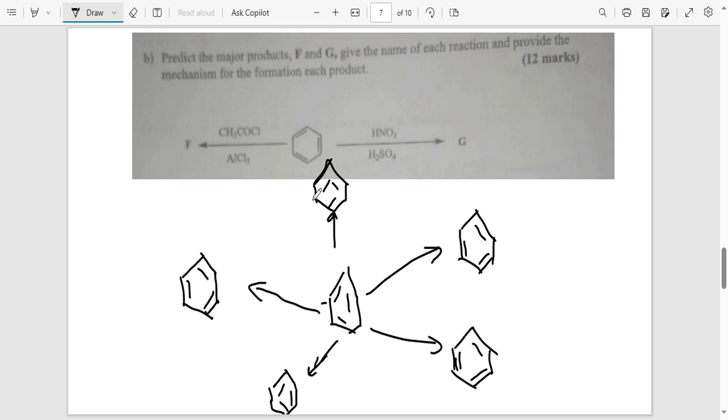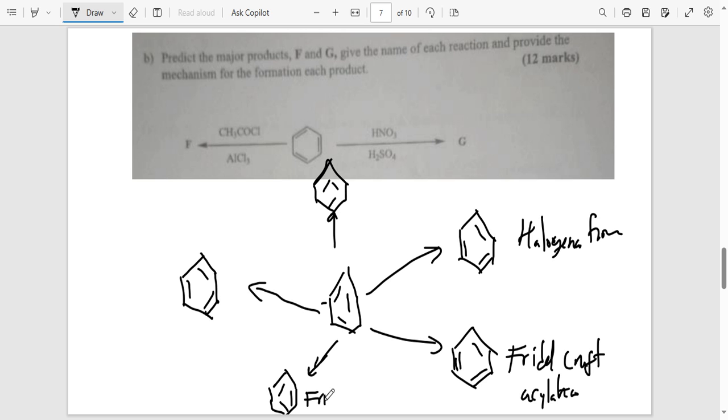Help me just to write the names. Let me write halogenation. Let me not be lazy to write halogenation. There is Friedel-Crafts acylation. There is Friedel-Crafts alkylation.